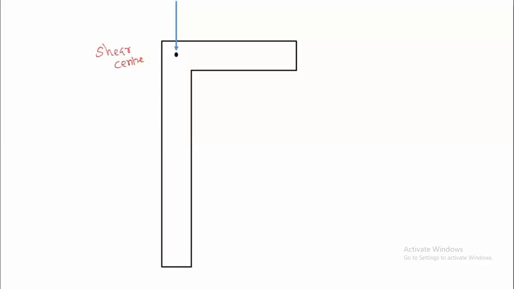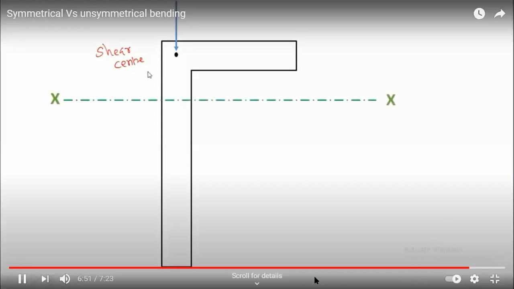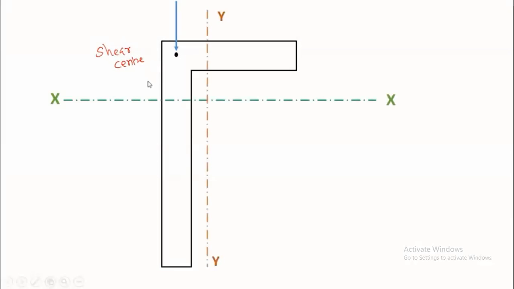Remember, shear center is the point such that if the load is passing through it, there will not be any torsion or twisting produced in the cross section of the beam. Now, this is your central x-axis for this angle section. This is the central y-axis of the angle section, right?